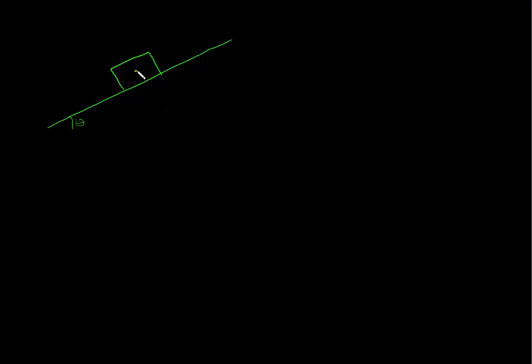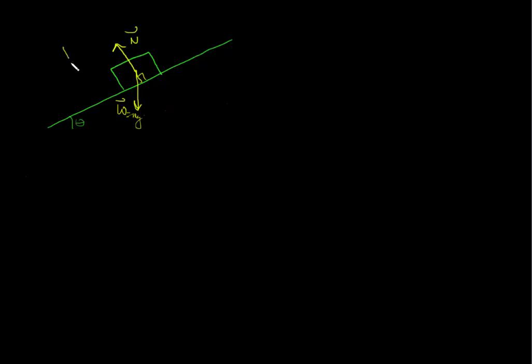Well, we know that there's some weight, and weight always points straight down. So this is my weight, and weight's equal to mg. Since this is pushing on it, the normal is pushing back. So the normal is pushing up like this, normal.